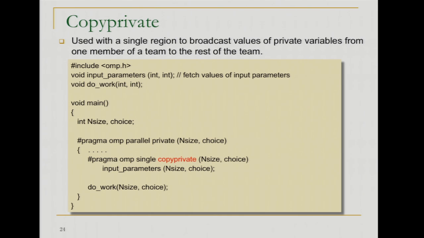So again, if you want to use these things, I suggest you read up and have a look at them later on. This one's called copy private, and it is being used here with a single clause. So what's happening is that the thread that executes this is going to broadcast its values of these variables to all the other threads, and that makes them consistent as well. This is a real broadcast in this case. So there are a few other things that you can do.